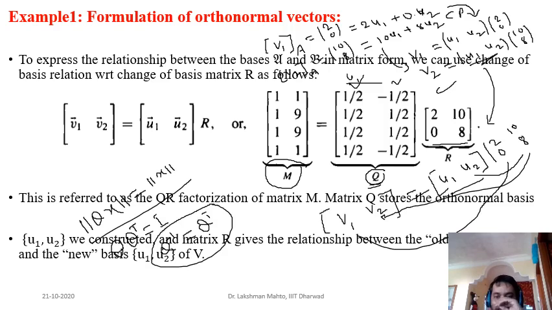For matrix M you cannot find an inverse, but you can find a pseudo inverse, and that task would be very complicated. But with an orthogonal matrix, you can easily find the inverse by doing a transpose.